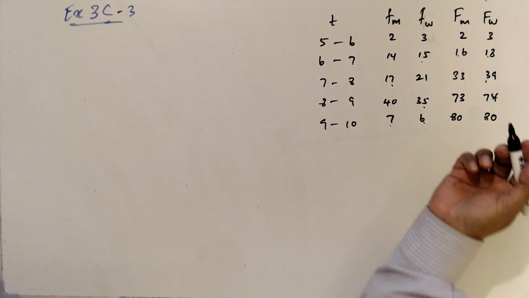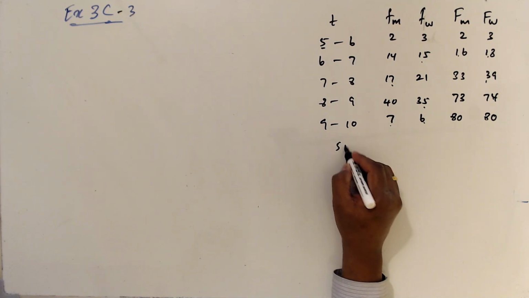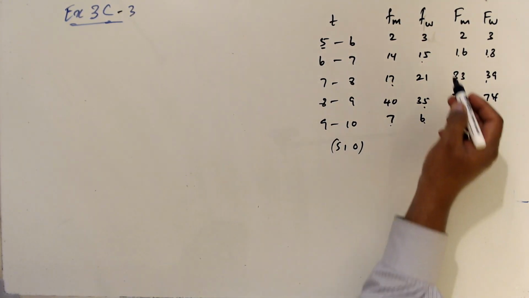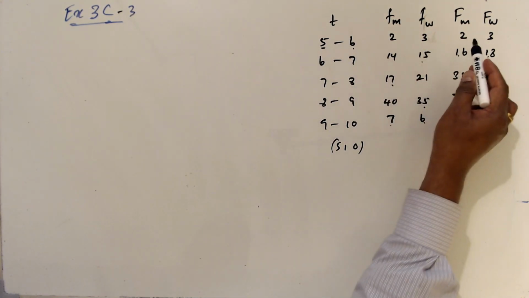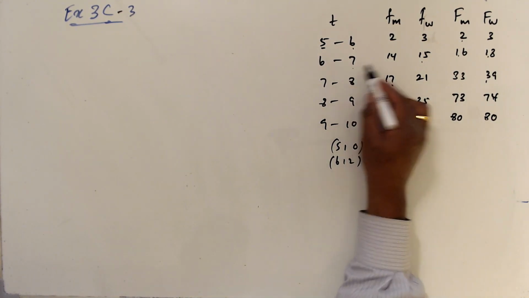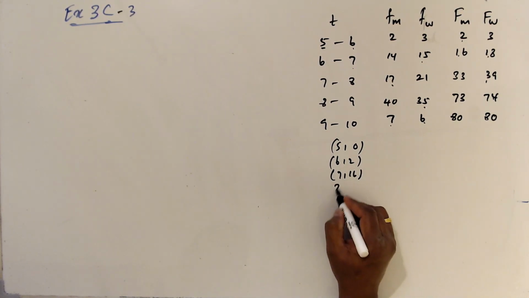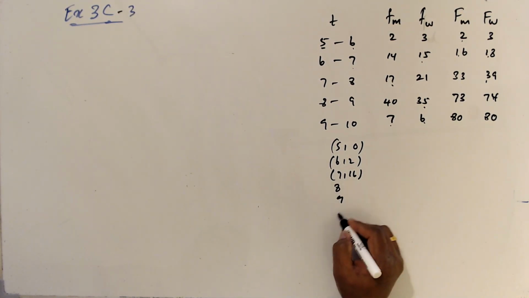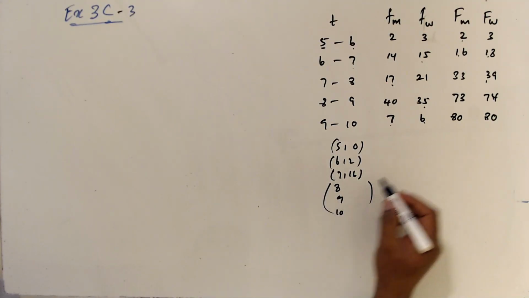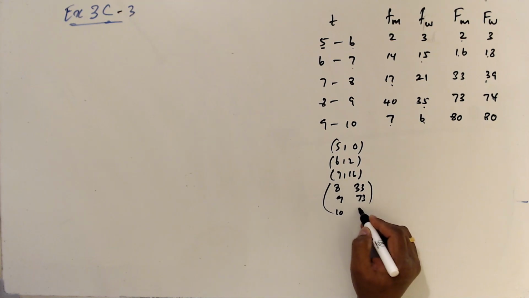Now this curve starts from 5.0, and then 6.2, then 7.16, 8, 9, 10, and 33, 73, and 80.